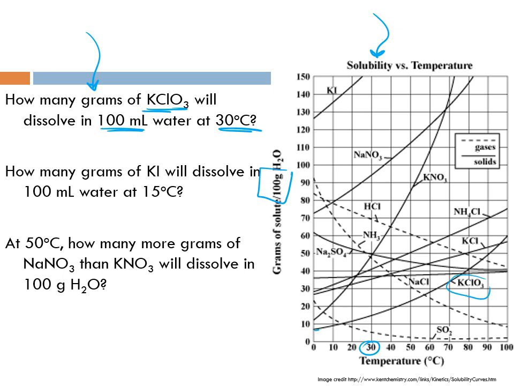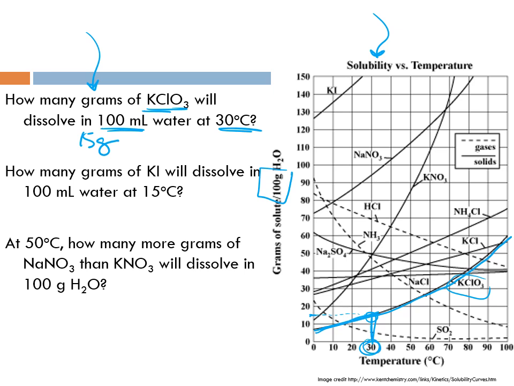KClO3 is here, so I'm looking at this line right there. So I go to 30, I go to where I run into the KClO3 line, and it looks like just about 15 grams can dissolve in those 100 milliliters of water at 30 degrees Celsius. So this would be our saturation line. This is the maximum amount of the solute that we can dissolve at this temperature.